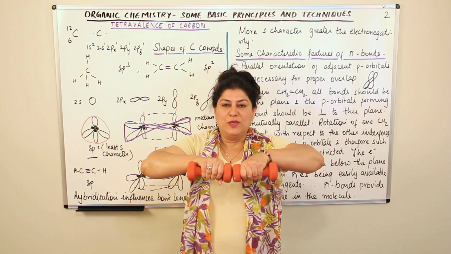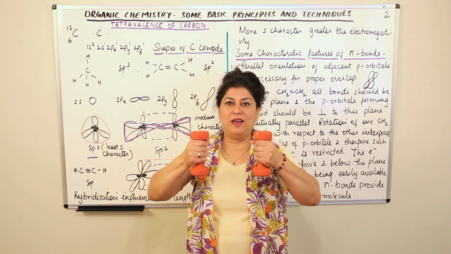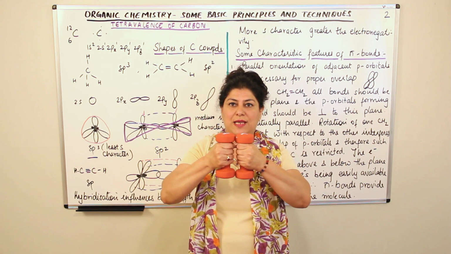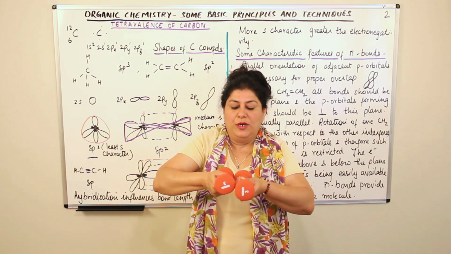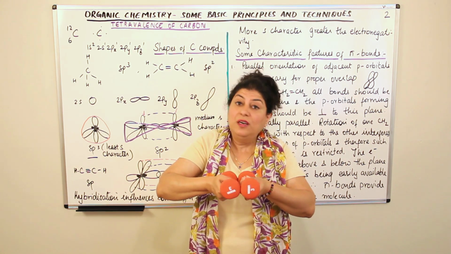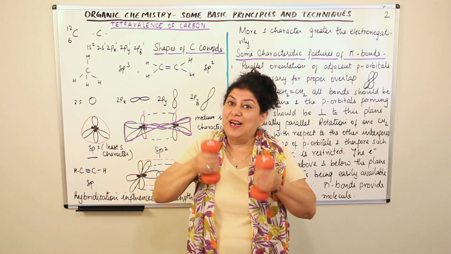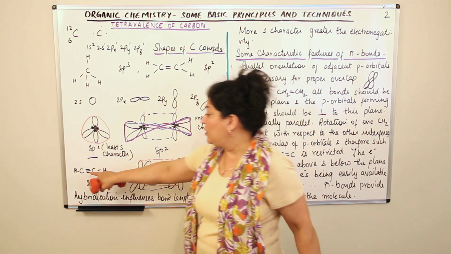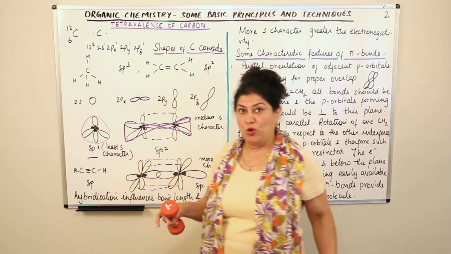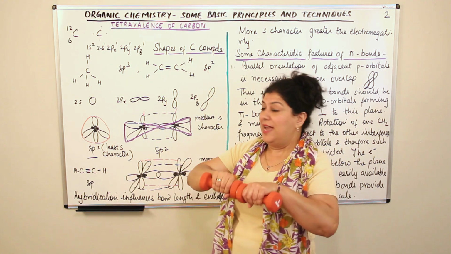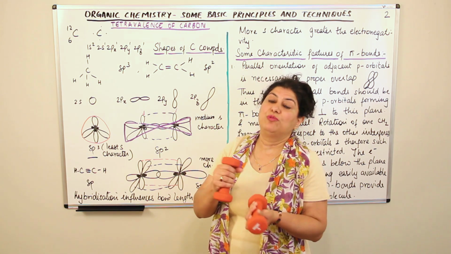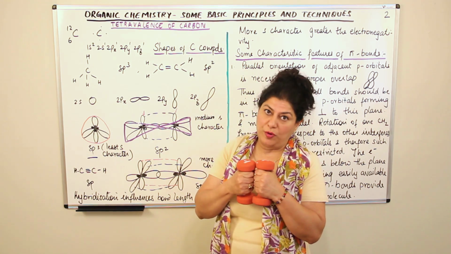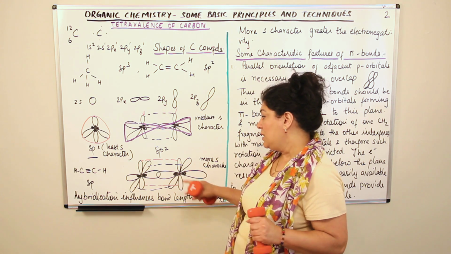The original molecule was linear, right? The next unhybridized orbital was like this, so the second pi bond was formed like this. And the third was like this, so it overlapped on the side and formed the third bond. So there are three bonds formed between the two carbon atoms. One of them is the sigma bond, the first bond formed by the sp hybridized orbital, but the other two are formed by the unhybridized p orbitals, which are called pi bonds.